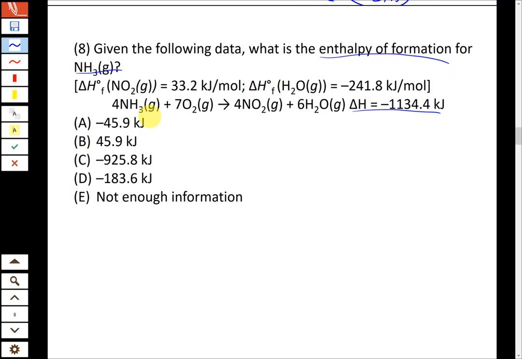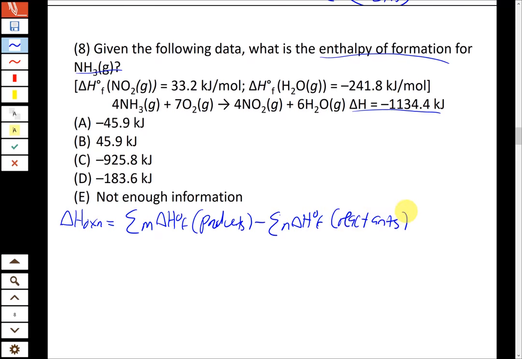The most straightforward way is to realize that all of the given enthalpy values are formation: we're giving you 2 delta H's of formation, and we're asking you to find a delta H of formation. We have to remember that the delta H for a reaction can be calculated as the sum of the delta H's of formation for products, where M is the coefficients on the product side, minus the sum of the delta H's of formation for reactants.